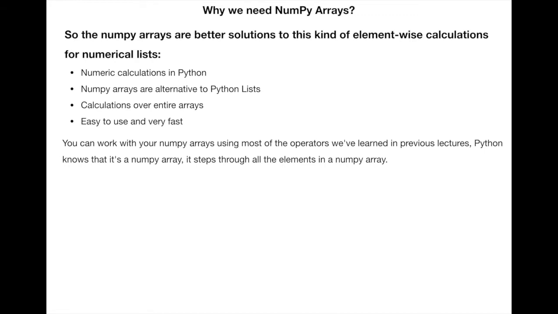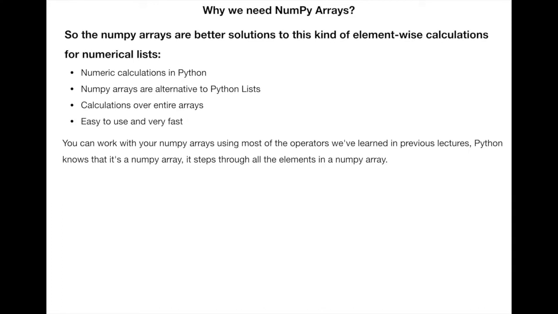So why do we need NumPy arrays? As you have seen from the examples, NumPy arrays are a better solution for this kind of element-wise calculation on numerical lists. For example, when you want to do exactly the same calculation for each element in a bunch of data, it's better to use a NumPy array rather than stepping through a list using a for loop, right?